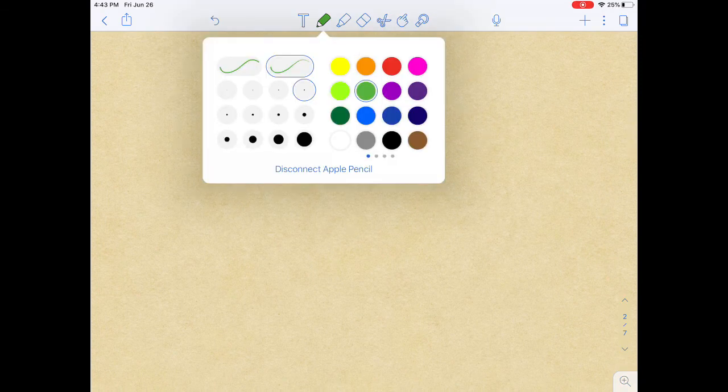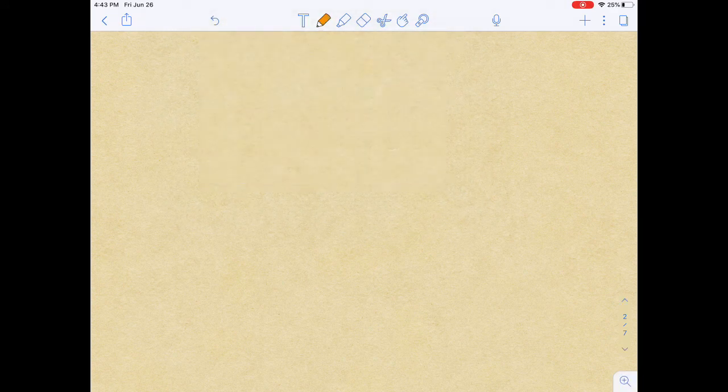So bringing that down, let's go back to what expression we had. Oh, it's orange. That's a nice color. So let's write down the expression for y.